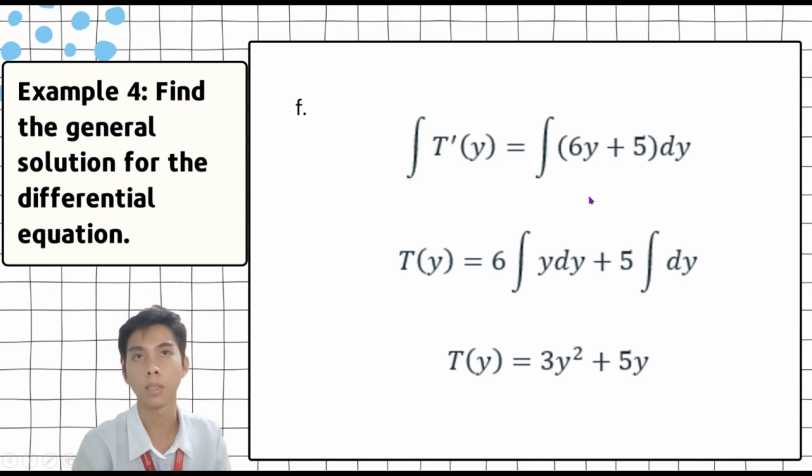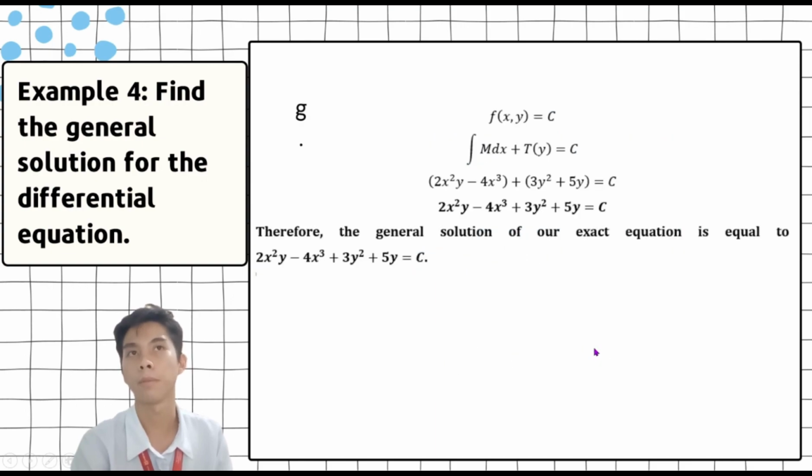The integral of t prime of y equals the integral of the quantity 6y plus 5 dy, so t of y equals 6 times the integral of y dy plus 5 times the integral of dy, which equals 3y squared plus 5y. So the value of our t of y is 3y squared plus 5y.